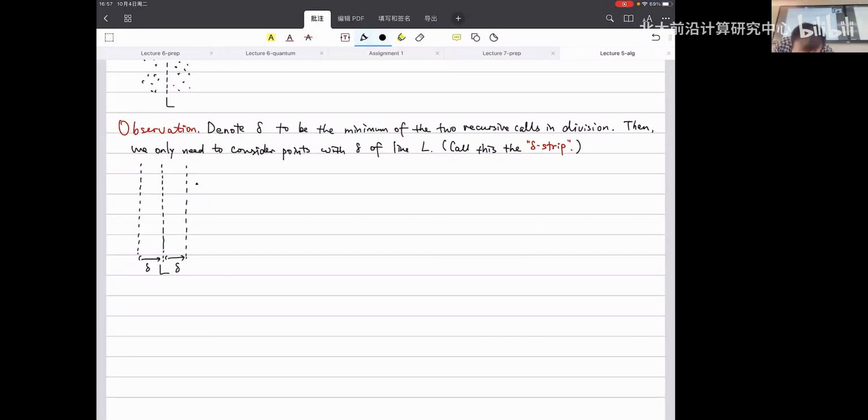Even if you have a point super close to L from the left-hand side, this is not going to bother you, because the distance between your left-hand vertex and right-hand vertex should be at least delta. I guess this should be clear to you. As long as you have a vertex outside this delta strip, it is really not going to bother.